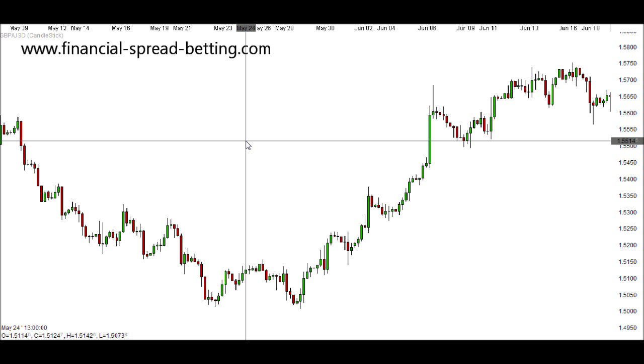I think this is a good time now to talk about moving averages and how they can help us to trade with the trend. Just like engulfing candles and pin bars, moving averages can help us to identify a trend and help us join a trend.